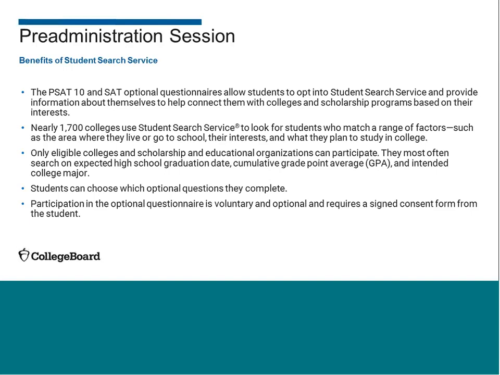They use the information to look for students who may match a range of factors: where they live, the type of school they're interested in, what they plan to study in college. It's important to know that only eligible colleges and scholarship organizations can participate. Most often, they will search on expected high school graduation date, along with GPA and intended college major.